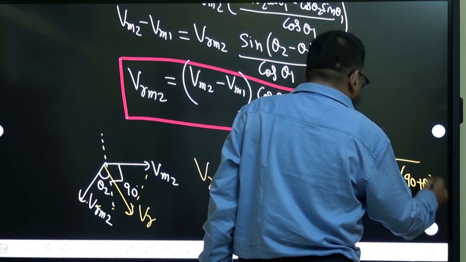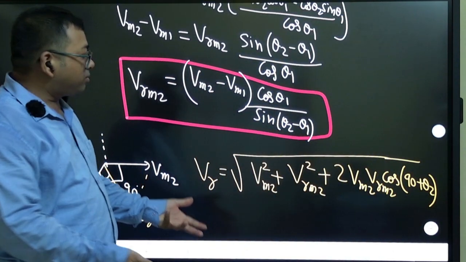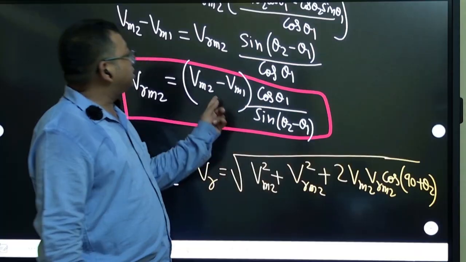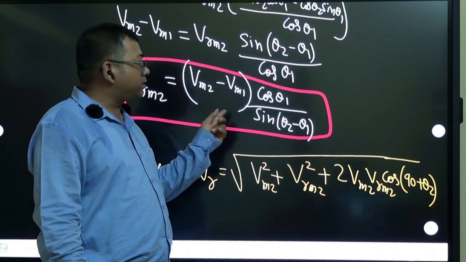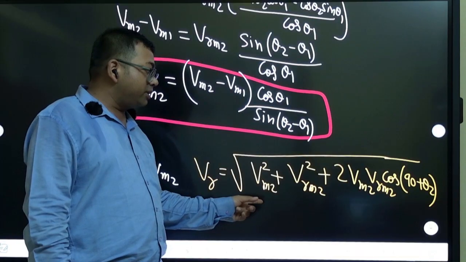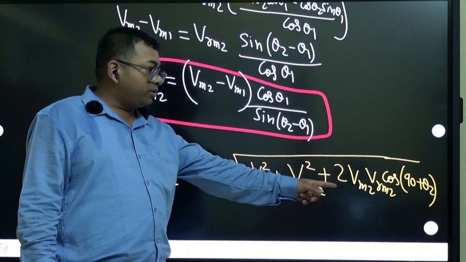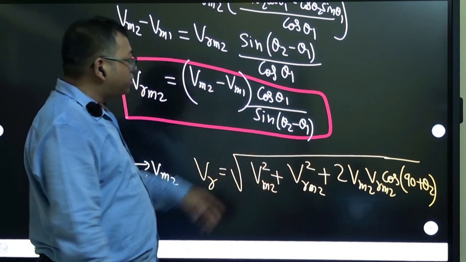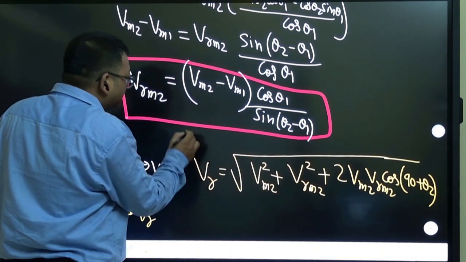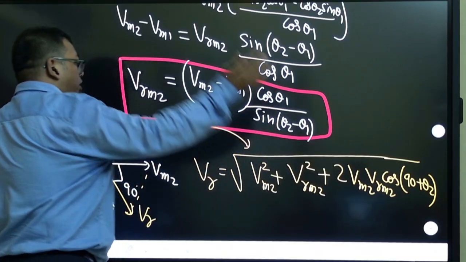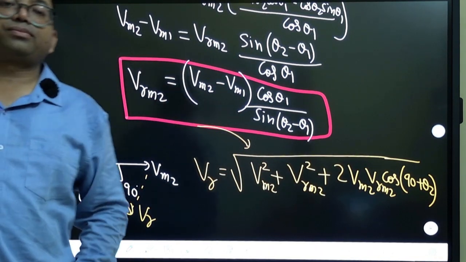This is how you will calculate. You have calculated Vrm2, and you already know Vm2 and theta 2. Substitute them in this equation and solve, and you will get the velocity of rain.